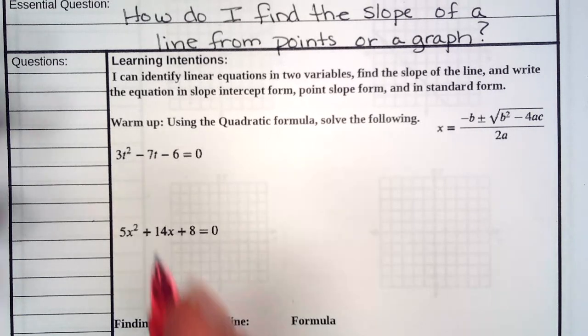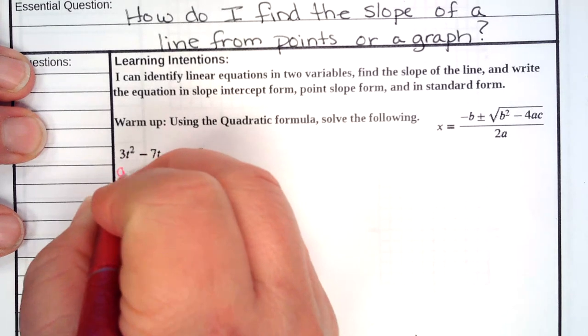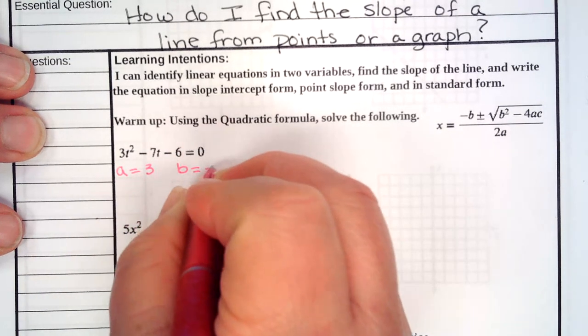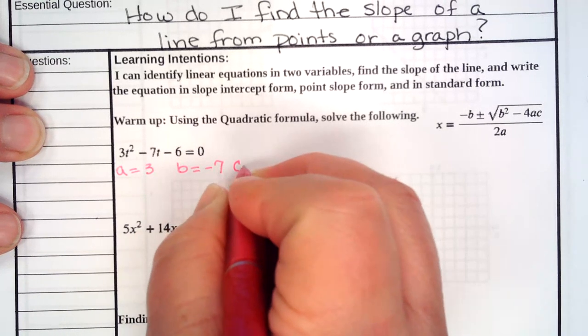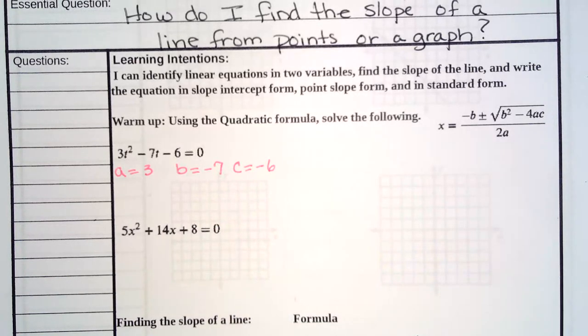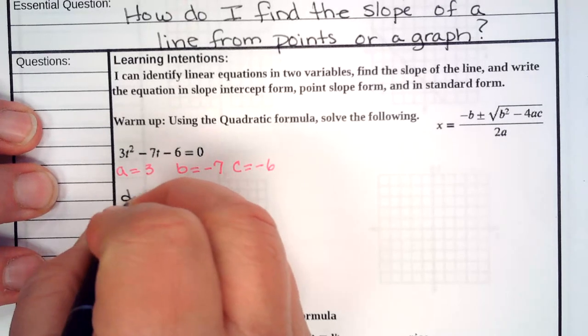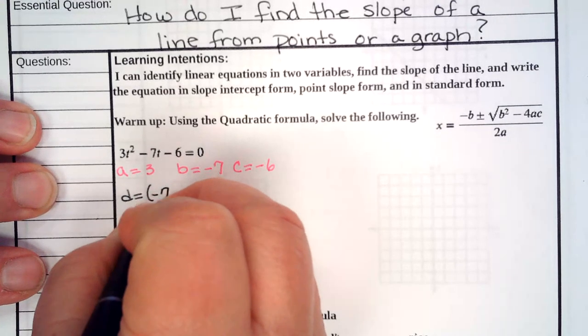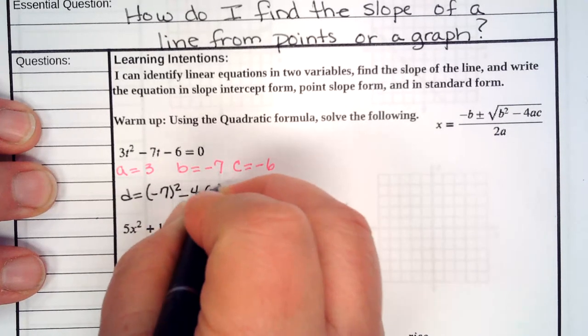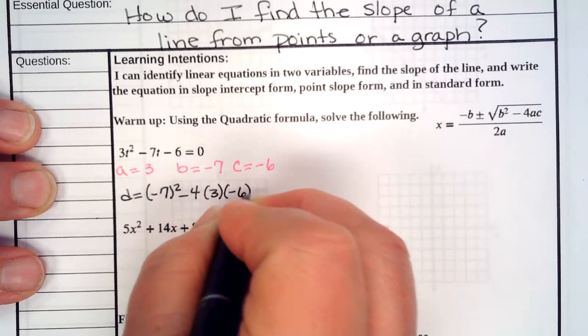Okay, let's try this. What is A? A is 3. What is B? -7. What is C? -6. What is our discriminant? It's equal to -7 squared minus 4 times 3 times -6.